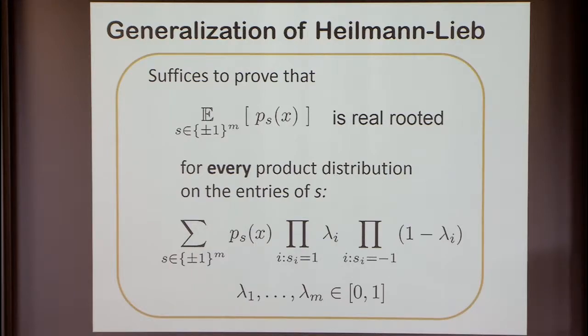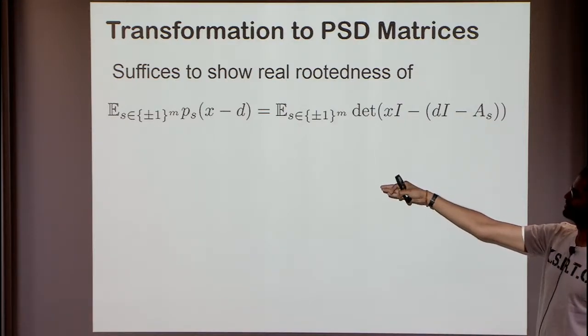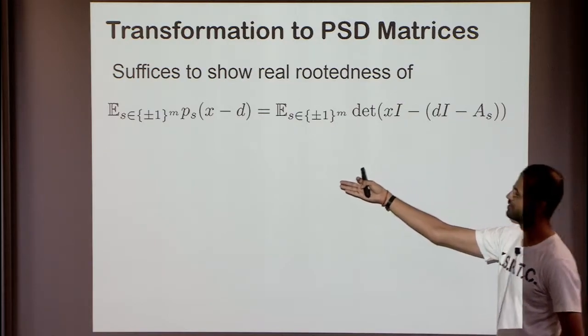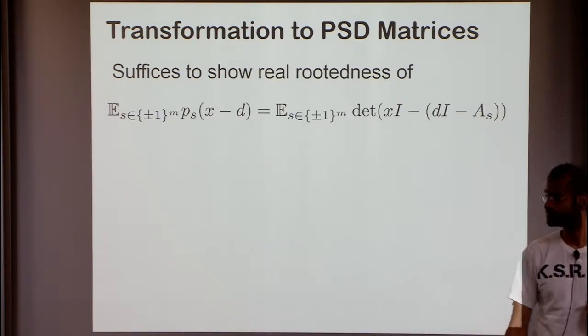To find the structure in these polynomials that causes this to happen, it's useful again to go back to Laplacians. I shifted to adjacency matrices, but now I'm going to go back to Laplacians. The expected characteristic polynomial is the expectation of P sub S under some product distribution on signings.